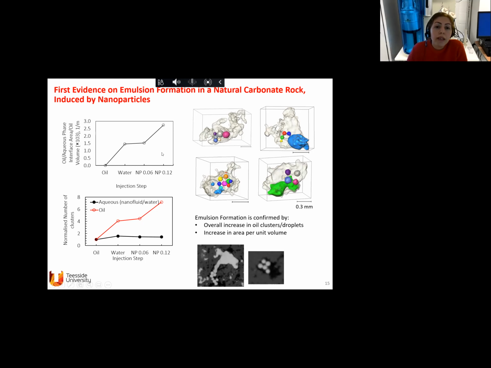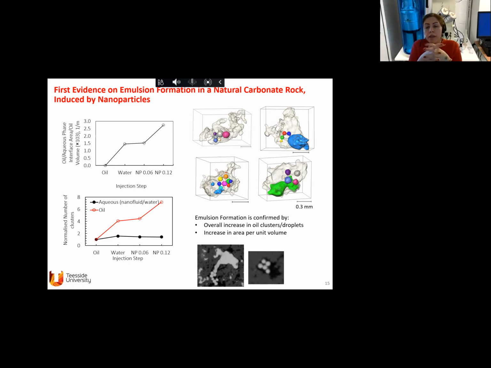In contrast, for the higher concentration nanoparticle, you see about 2 times the surface area for the oil phase. That goes hand in hand with the number of clusters, the number of droplets that we observed, which is quite a lot more compared to the water injection and the lower concentration nanoparticle. So you have a very different distribution in terms of the shape and structure of the oil phase in porous media.